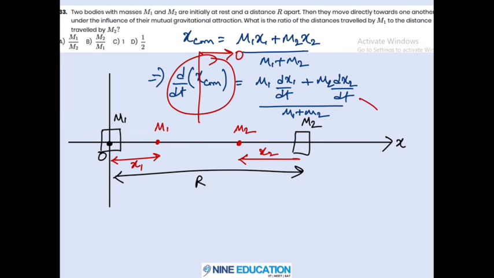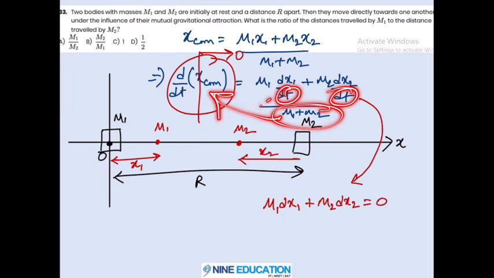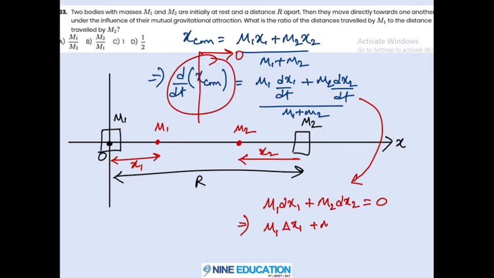So from here you get m1 into dx1 plus m2 into dx2 is equal to 0. If I integrate on both sides, you can write m1 delta x1 plus m2 delta x2 is equal to 0.